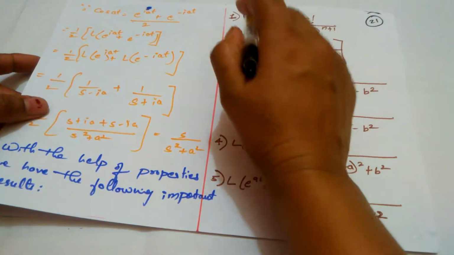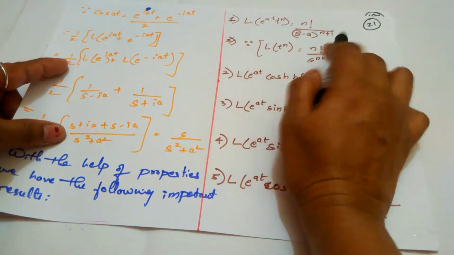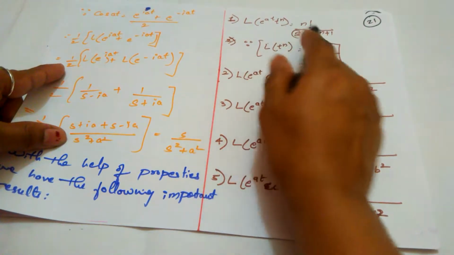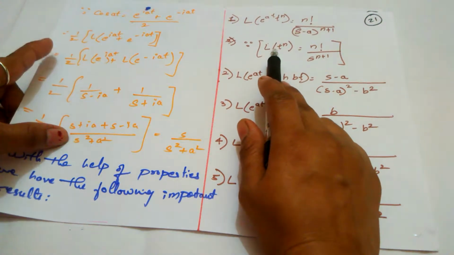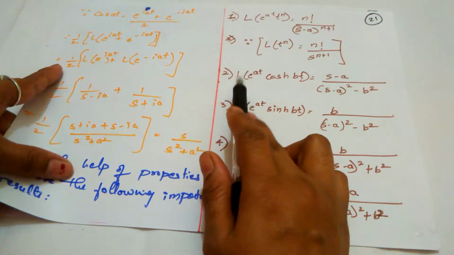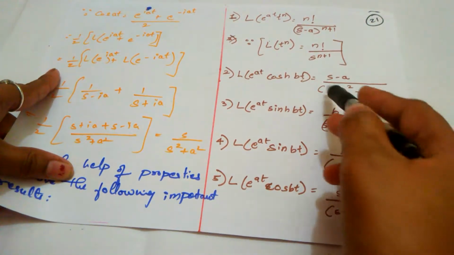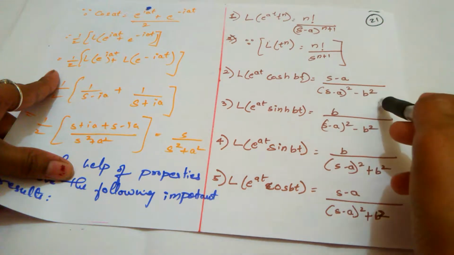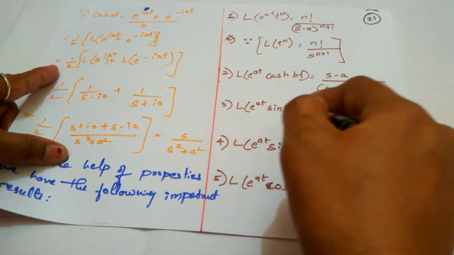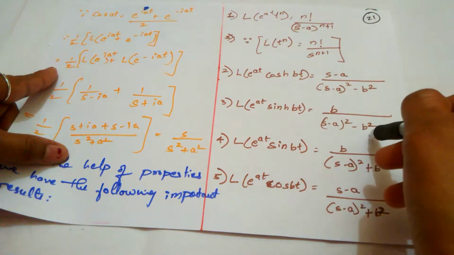First result was L of e raised to at times t raised to n, which is equal to n factorial upon s minus a raised to n plus 1. This we get from L of t raised to n is equal to n factorial upon s raised to n plus 1. Then second, L of e raised to at cosh bt, which is equal to s minus a divided by s minus a whole square minus b square. Third one, L of e raised to at sinh bt is equal to b upon s minus a whole square minus b square.